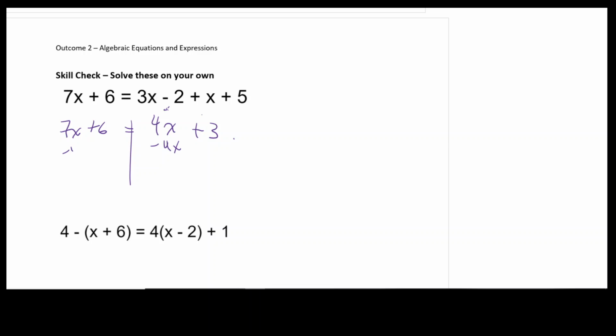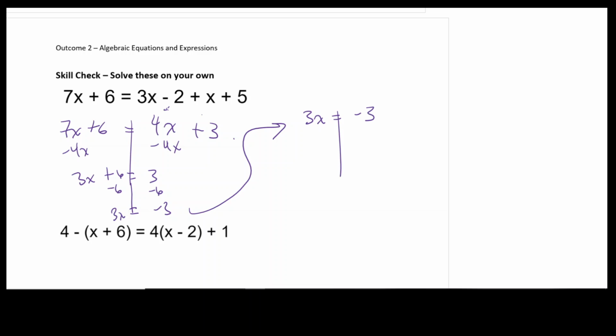I'm going to get rid of one of the x terms first. Then get the x term by itself by getting rid of that plus 6. I got 3x equals negative 3. Divide by 3, divide by 3. X is negative 1, and that one is what you should have got.